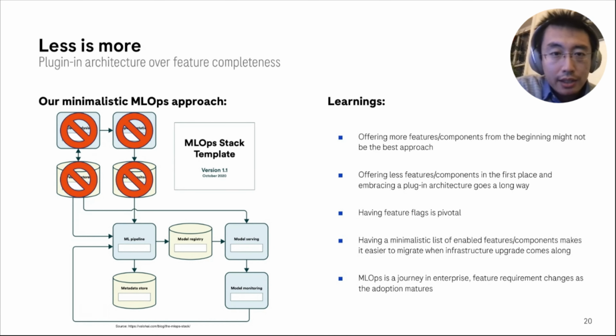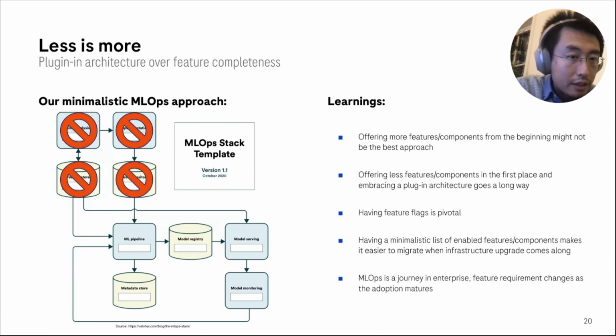I mean, this is great. However, in an enterprise where solution adoption always requires momentum and a proven record of value delivered, it would just be a lot faster and less overwhelming to go in with fewer features and plug in more later on as requirements evolve. To facilitate all that on a technical level, this means that having feature flags or feature toggles in your MLOps solution is pivotal.